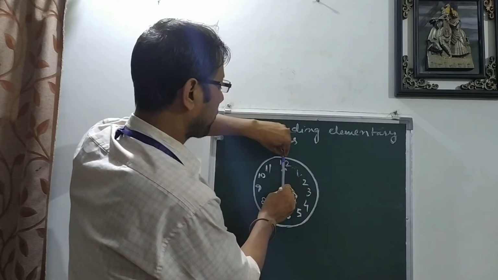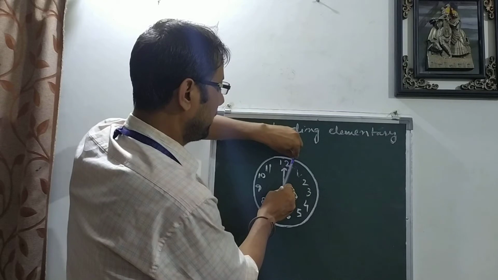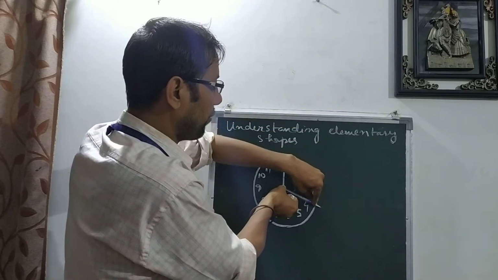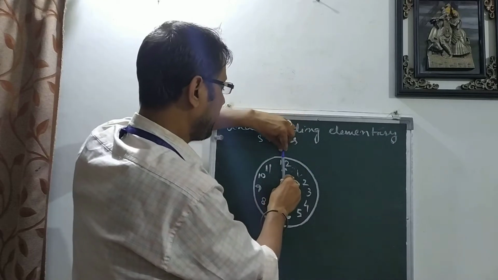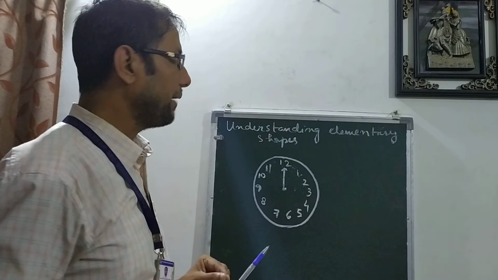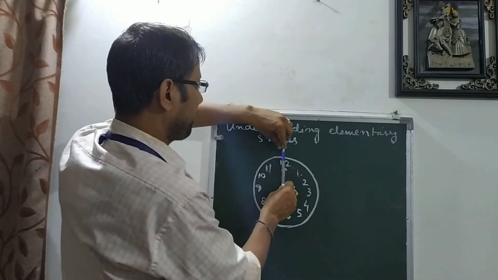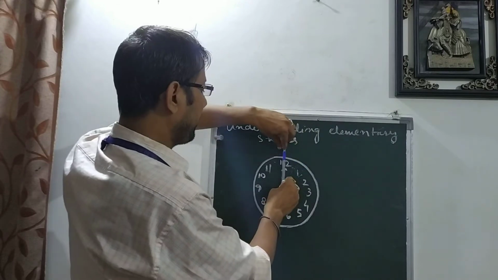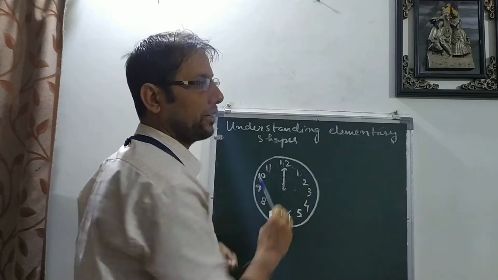If the hands of the clock revolve like this, it is called clockwise revolution. And if it revolves like this, it is anti-clockwise. Remember students, once again I am telling you, if it goes like this, it is called clockwise, and if it goes like this, it is called anti-clockwise.